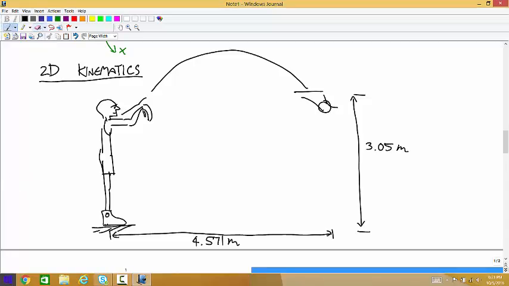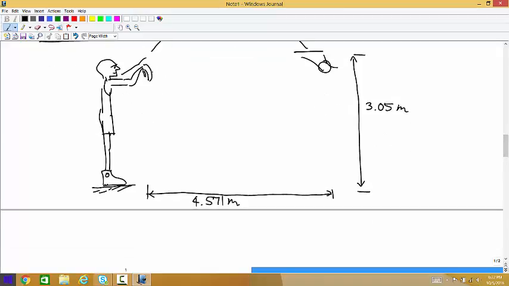And so, let me be a little careful about this drawing. So what we really, this 15 feet, we're assuming is where it's shot from. So maybe he's standing a little behind the free throw line. And what we want to know is, what is the height the ball's shot from?